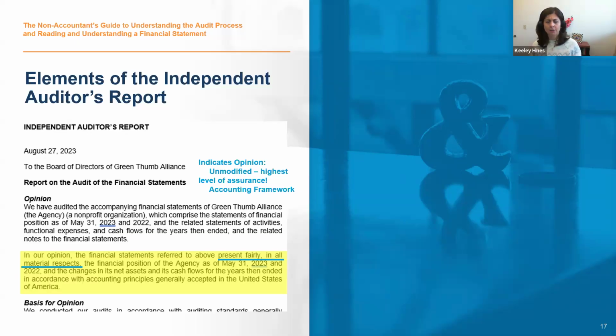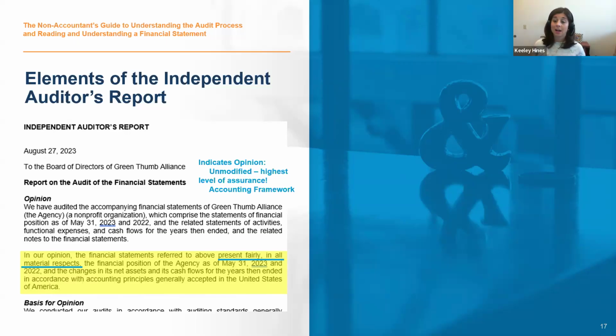And then we are always going to mention the accounting principles. And sometimes that confuses folks, but there are different bases of accounting and presentation of financial statements. Typically, in most cases, the financial statements are going to be presented in accordance with accounting principles generally accepted in the U.S., but there is a cash basis presentation that you may see.